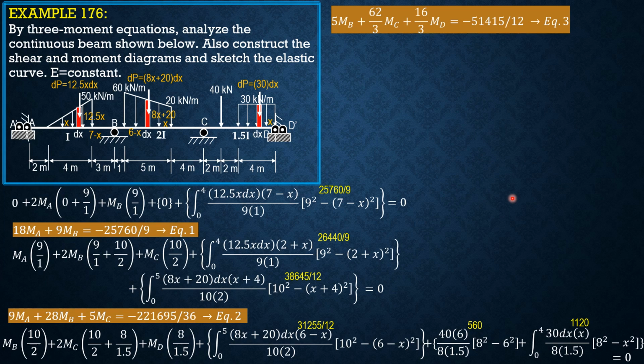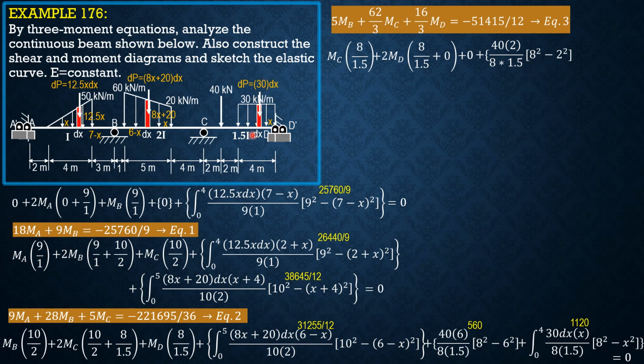Then lastly, for spans CD and DD prime, we have MC times 8 over 1.5 plus 2 times MD, quantity 8 over 1.5 plus 0, span DD prime is negligible, plus moment at D prime, which is 0, plus 6 A1a over I1 L1 for span CD is Pa, so 40 times 2 all over 8 times 1.5, quantity 8 square minus 2 square.